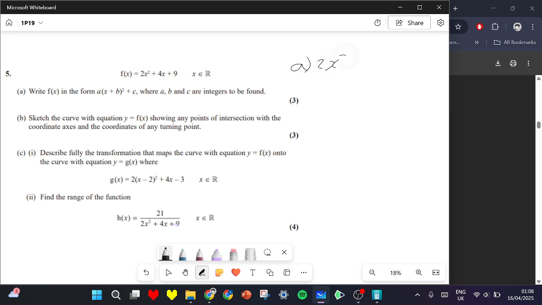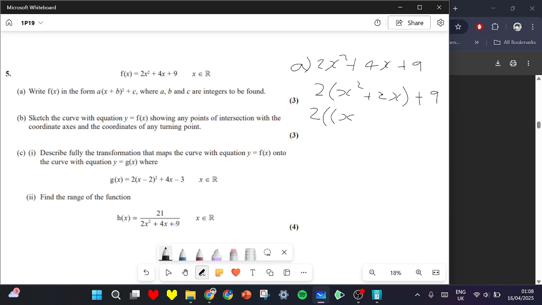But basically what you want to do is get the x squared on its own. So to do that you would take 2 out and then in the brackets have the x squared. Then also take the 2 from the 4x, like divide it, so you'd get 2x in there, and then leave the 9 on the outside, and then do another bracket, and then this time do x, and then you have to add a half of whatever this one is.